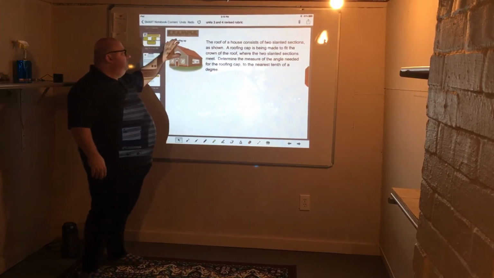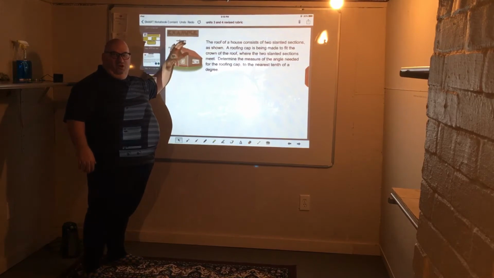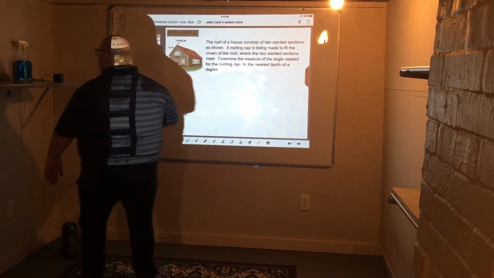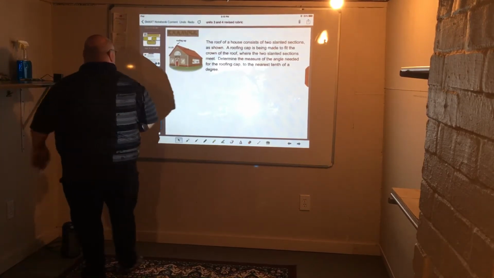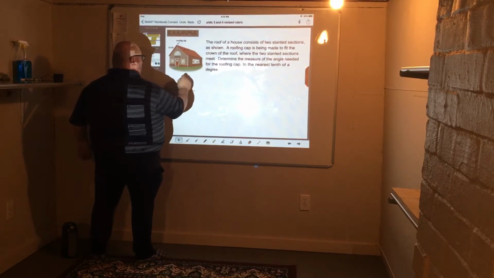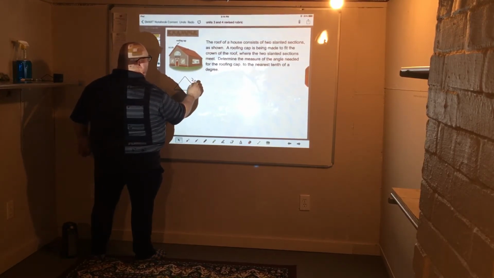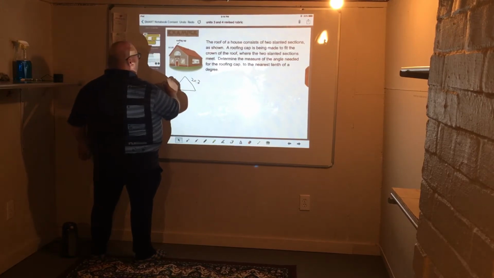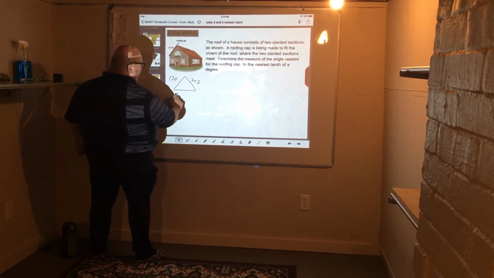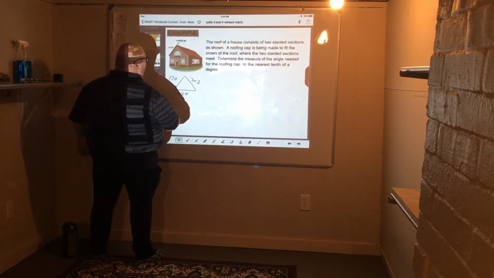So what I like to do is take this triangle shape out, isolate it so we can actually see what we have. All right, get rid of the house. So down here we have this house where this roof is 20.3 feet and this side is 17 feet and this side looks like 33.5 feet.